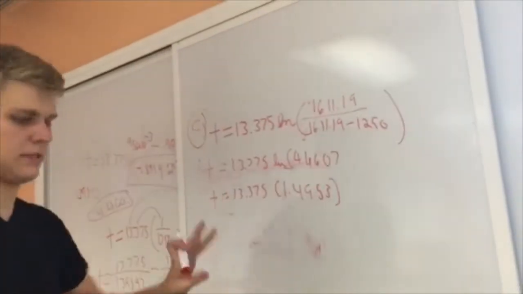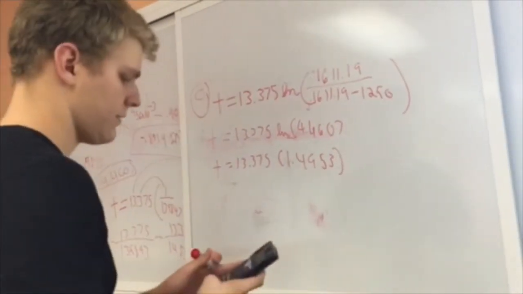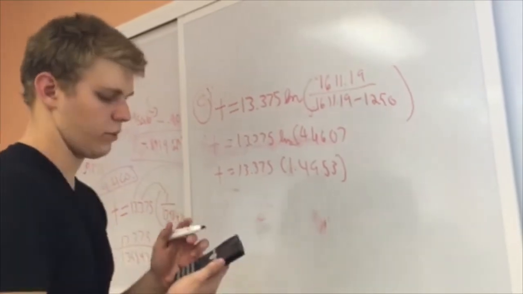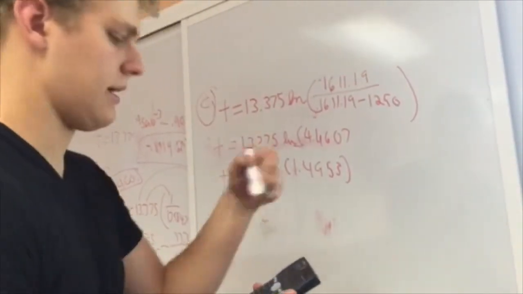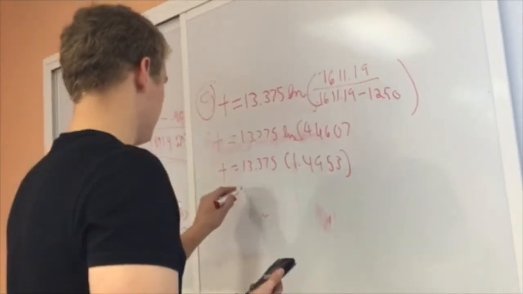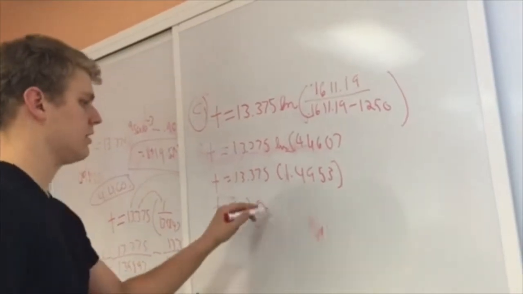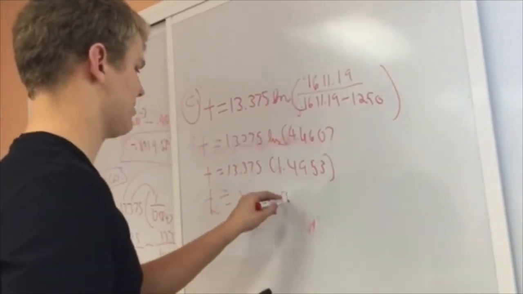After this multiplication, it gives you 19.999999996, which rounds up to 20. So t is equal to 20. T again is time in years, so it's going to be 20 years.